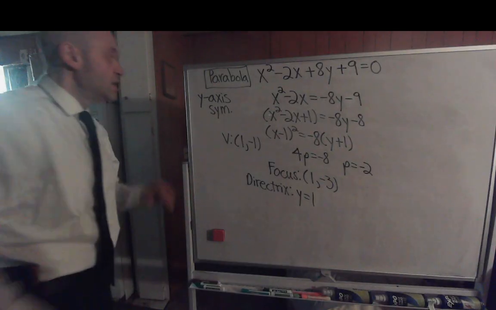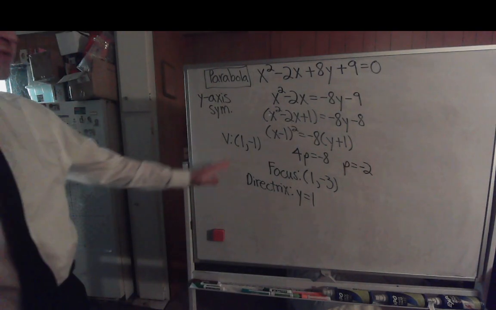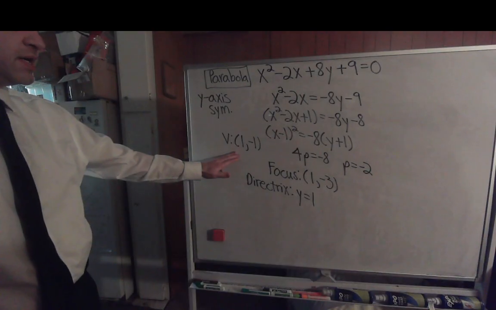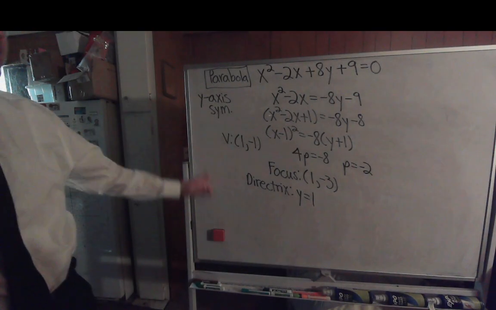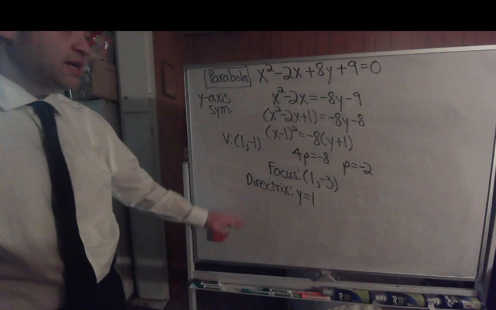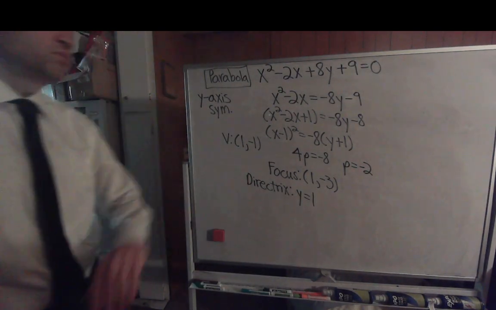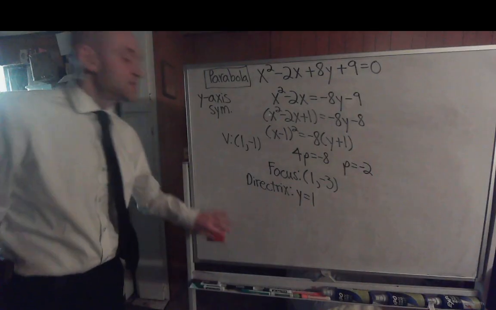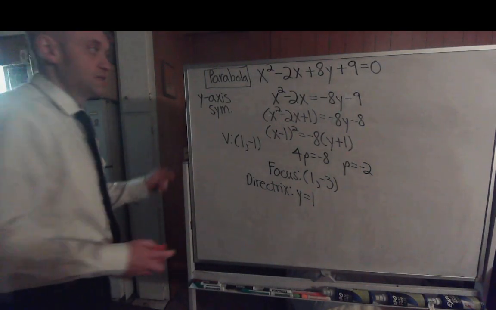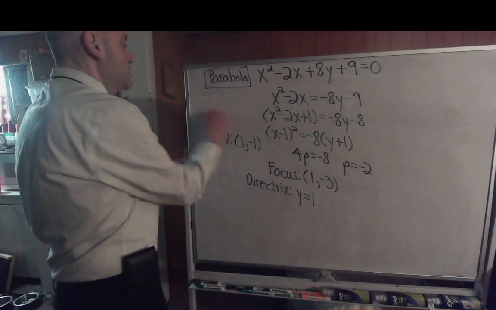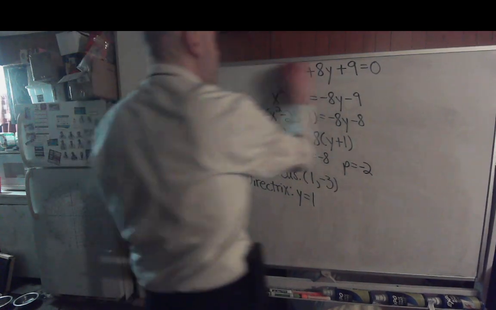So you have a parabola with the vertex at (1, -1), y-axis symmetry, focus at (1, -3), and directrix at y equals 1. Let's see if we can find another parabola example real quick, and then we'll be done with the lesson.